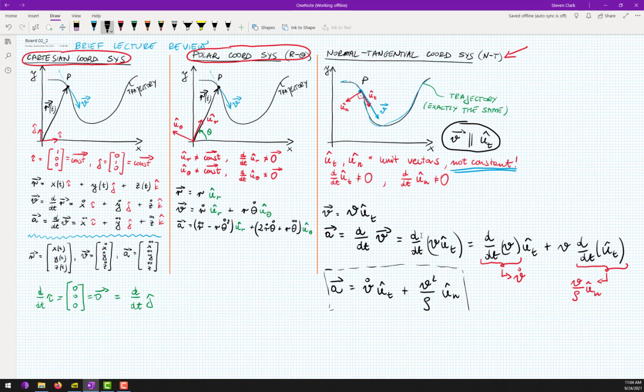These are our expressions for acceleration and for velocity.